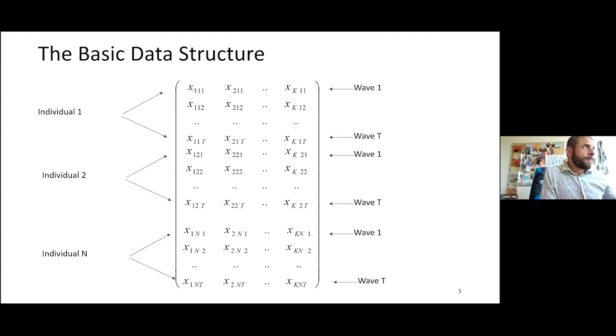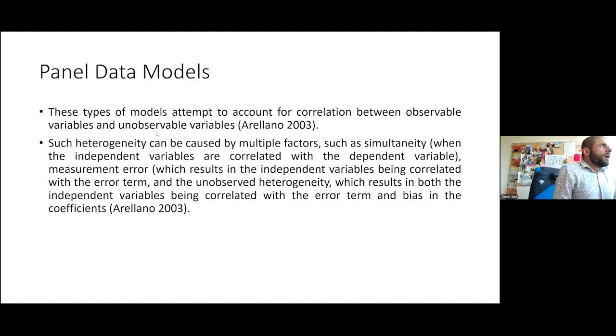Here, all those X's, from 1 to K, represent different variables: age, gender, occupation, wages, and so on. And clearly, the advantage of these models is that they help us, as we will see later, take into consideration the unobserved heterogeneity that we have in the data.